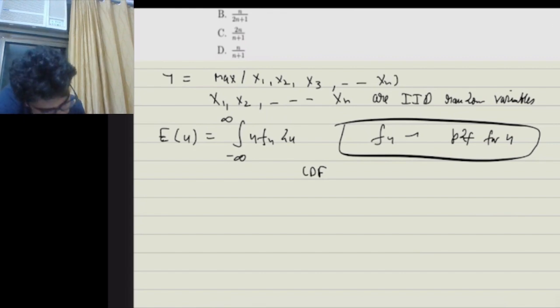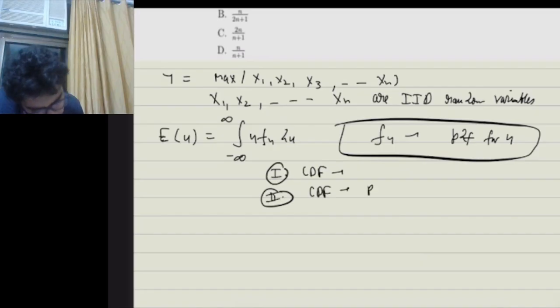So we'll first find the CDF, and then we'll differentiate it to obtain the PDF, and from the PDF we'll calculate the expected value, right? So the first step would be to find the CDF, and the second step would be to differentiate the CDF and obtain the PDF.